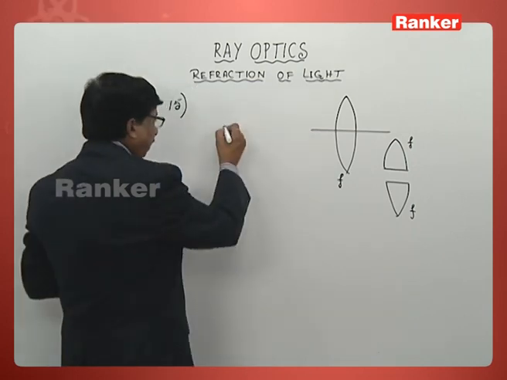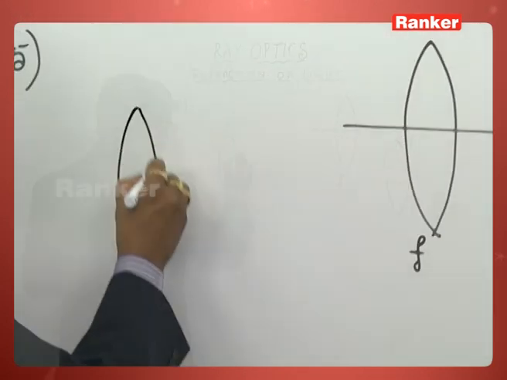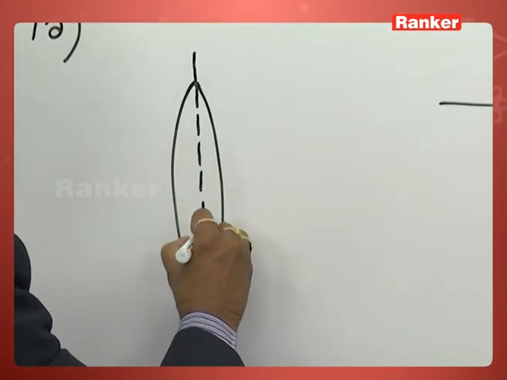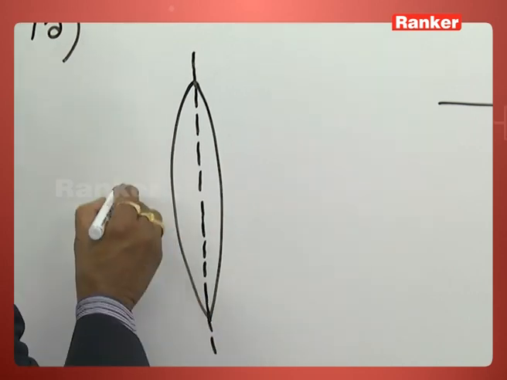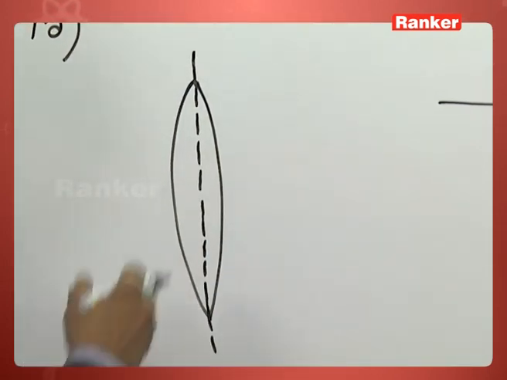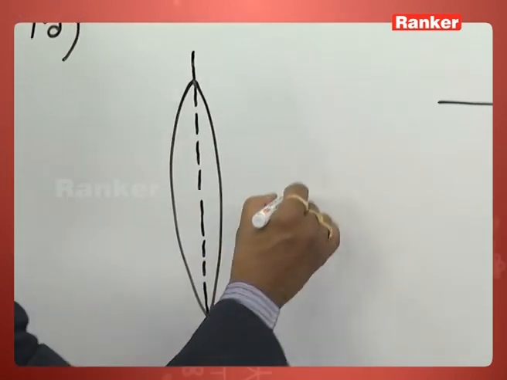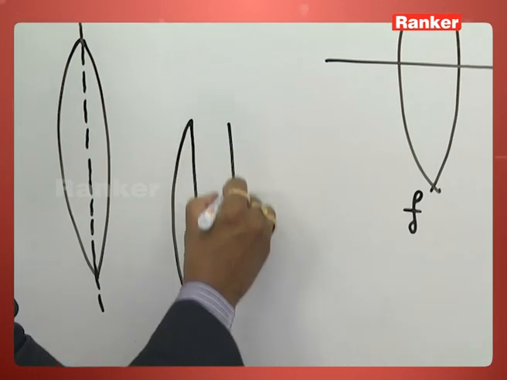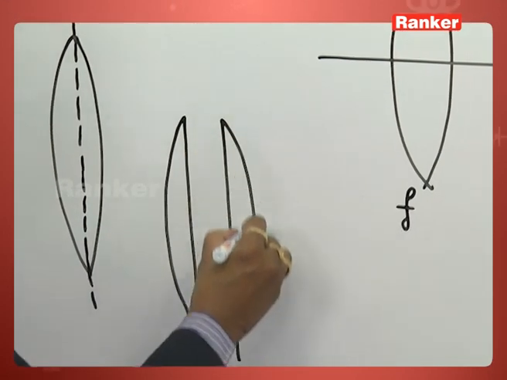Whereas, as given in this problem, the second way of cutting the lens is along this line, which of course is perpendicular to the principal axis. When you cut the lens like this, you will be getting two plano-convex lenses like this.